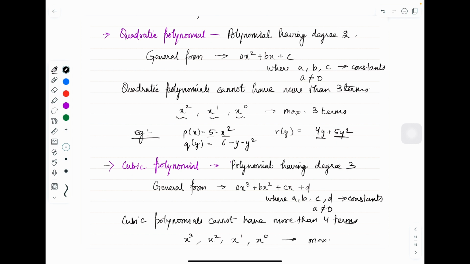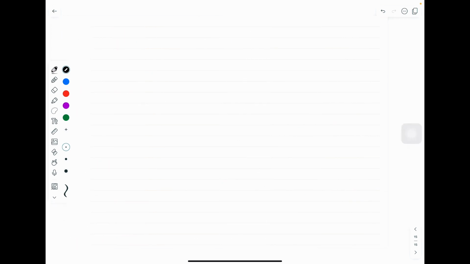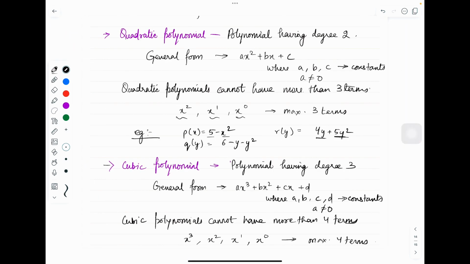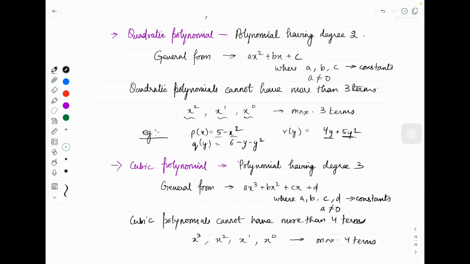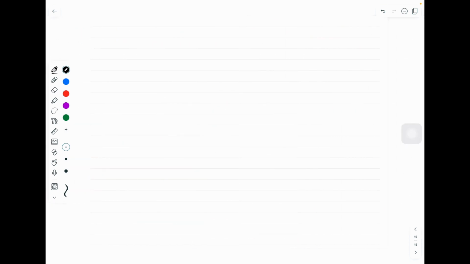So a maximum of 4 terms it can have, not more than 4 terms. Okay, so those are cubic polynomials. Understood? Now see, in this degree-based classification, linear means degree is 1, quadratic degree is 2, cubic polynomial degree is 3. Then we can generalize it.